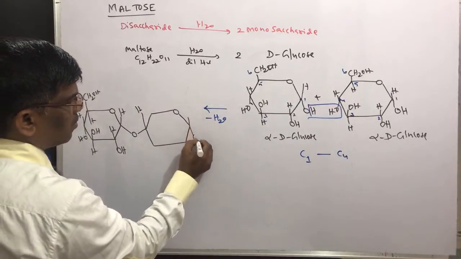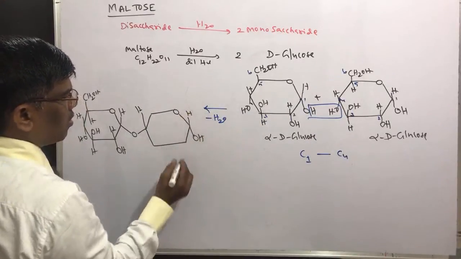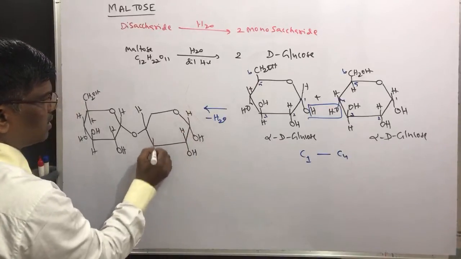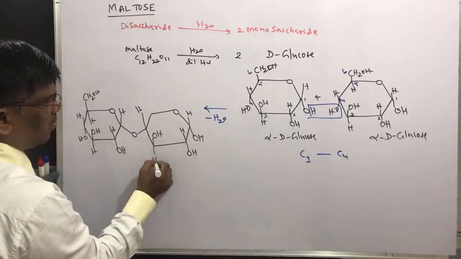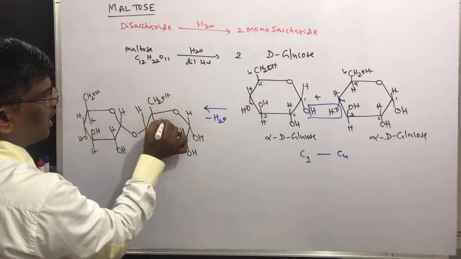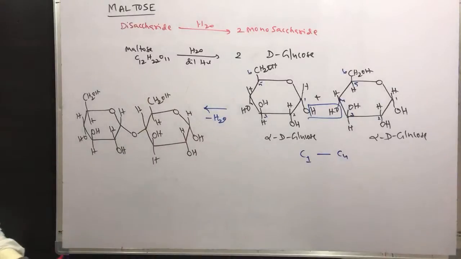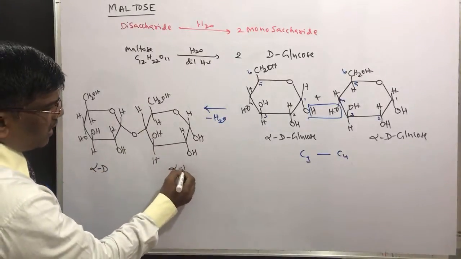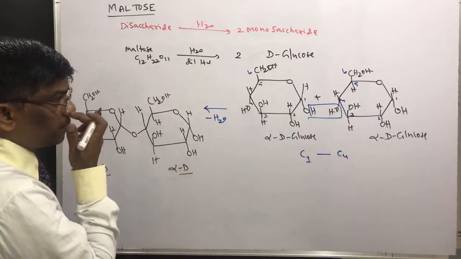Remaining, no disturbance, CH2OH and hydrogen. Dear students, so this is alpha D glucose, this is also alpha D glucose.